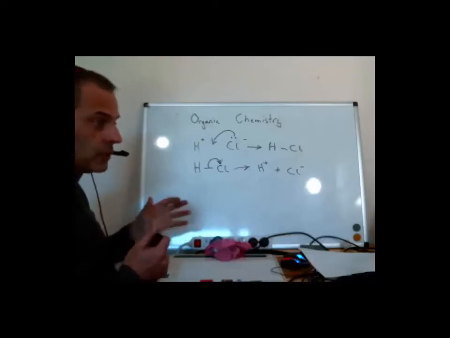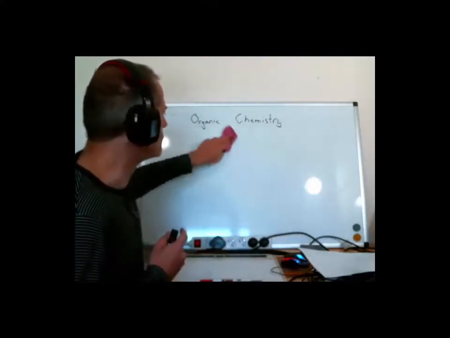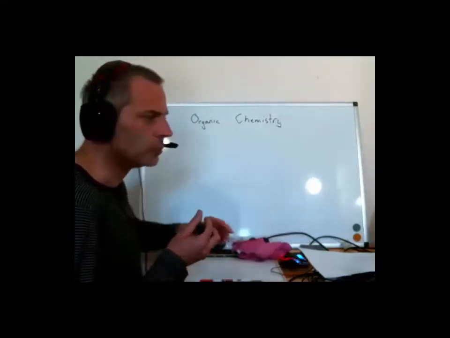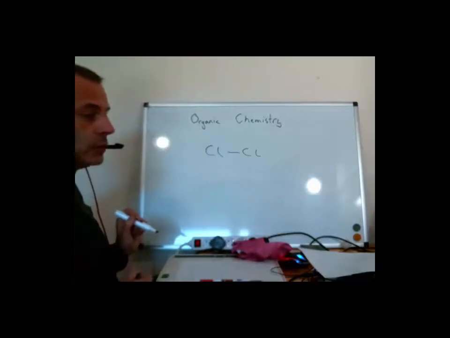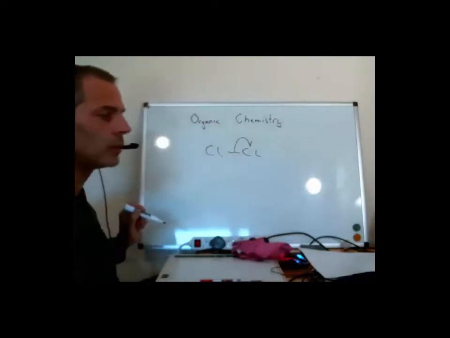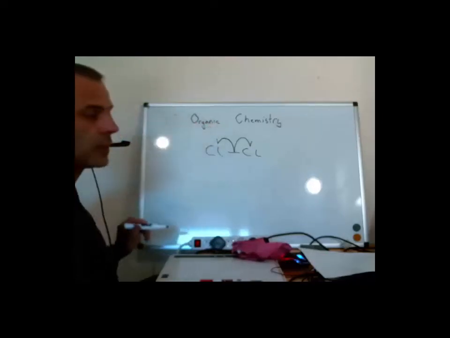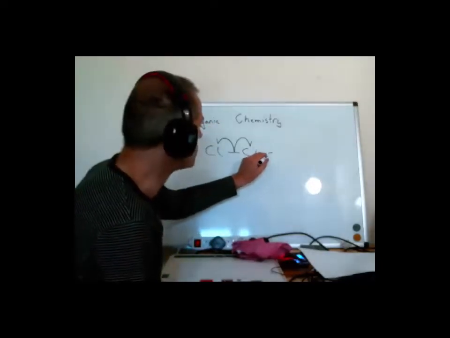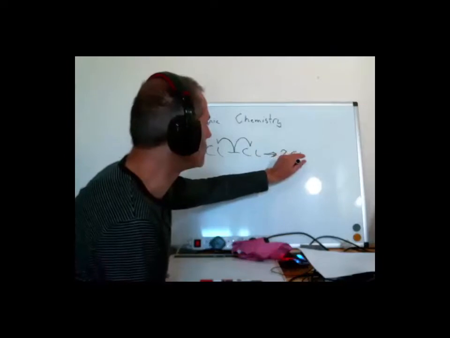If we have the reaction that we drew before with chlorine breaking up to form two chlorine radicals, we need a half arrow, a one-armed arrow coming off onto one chlorine atom, and another half arrow coming off onto the other chlorine atom, which goes to 2Cl dot.